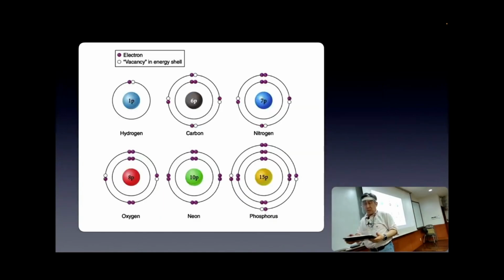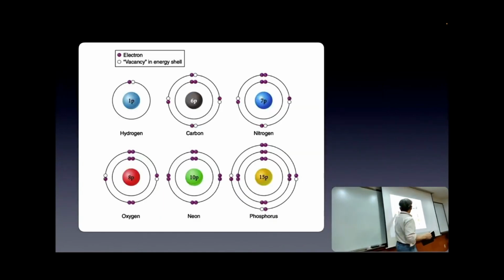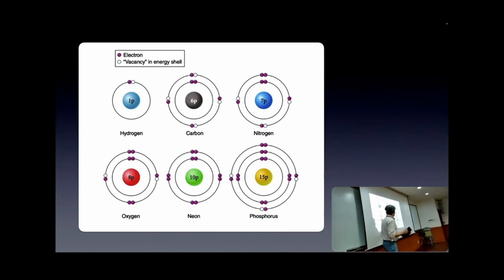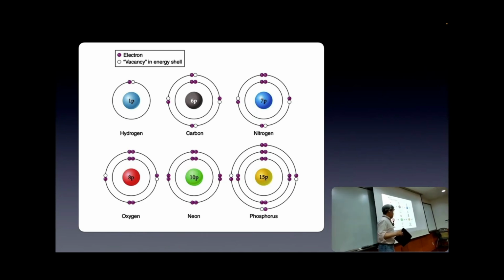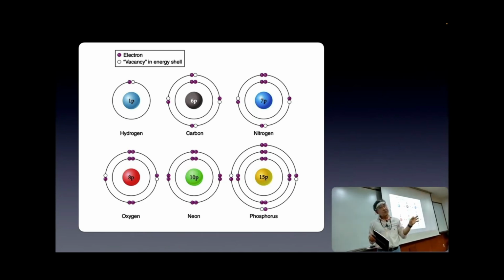However, not everybody is so lucky. Some elements, like neon, usually don't want to react because they have already filled the valence electrons to the maximum. But some others, for example oxygen, also require 8 electrons.